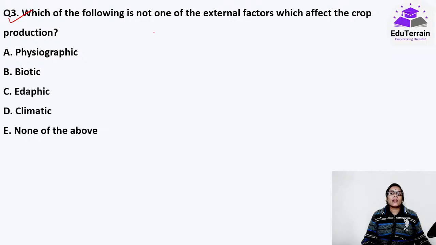Which of the following is not one of the external factors that affect crop production? This also has been clearly highlighted in the syllabus sheet of NABARD for ARD, wherein they have mentioned the factors that affect crop production.